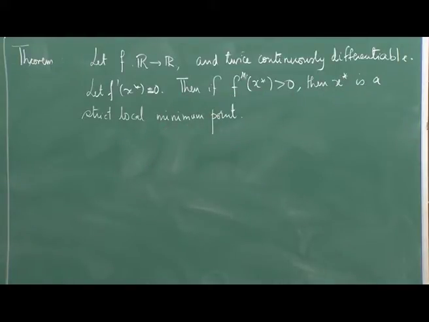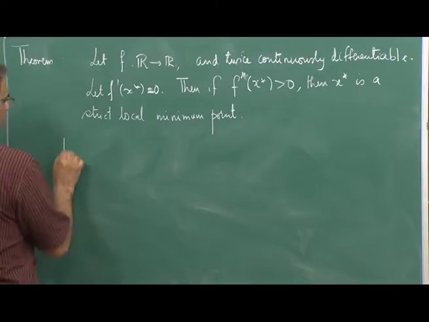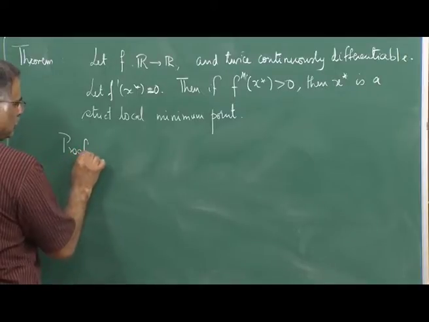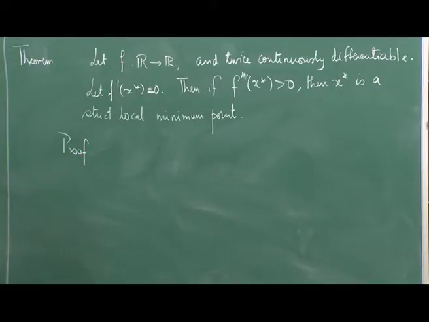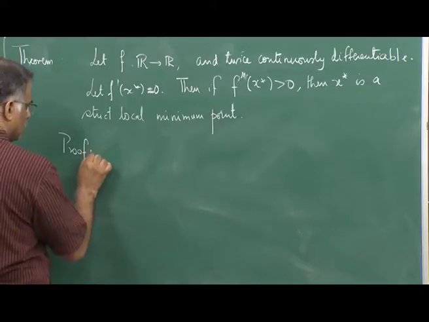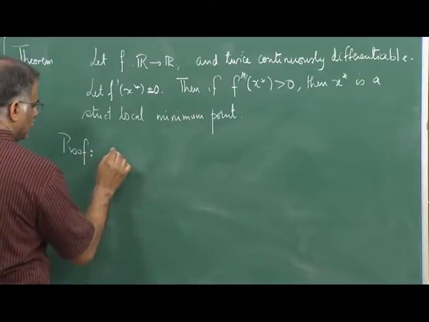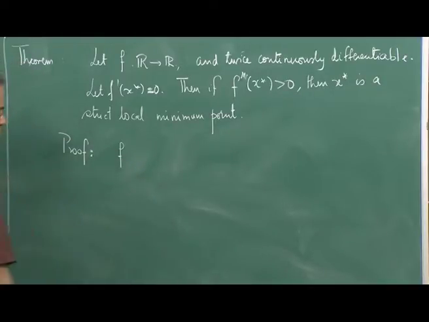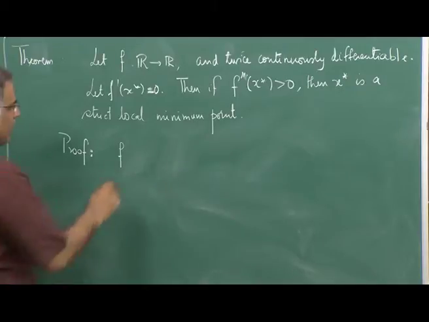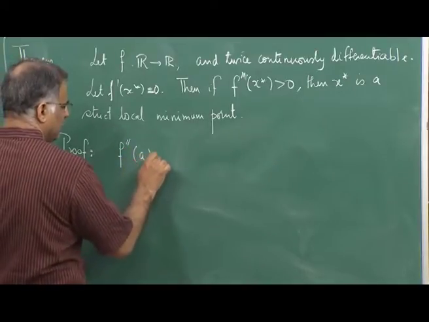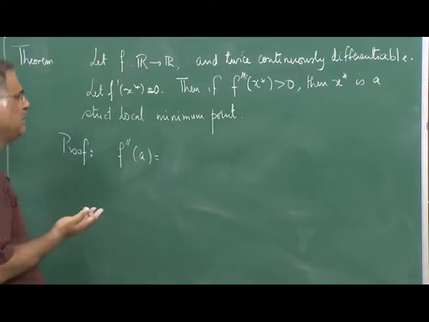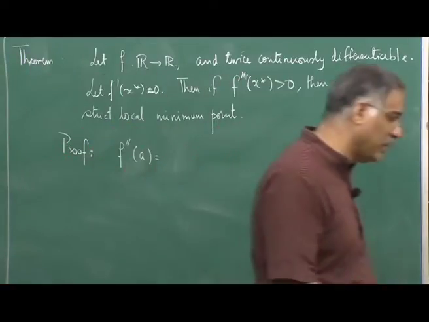Now, how do I prove it? F double dash x star, how do I define this? Maybe twice continuously differentiable might not be required, just twice differentiable is required.